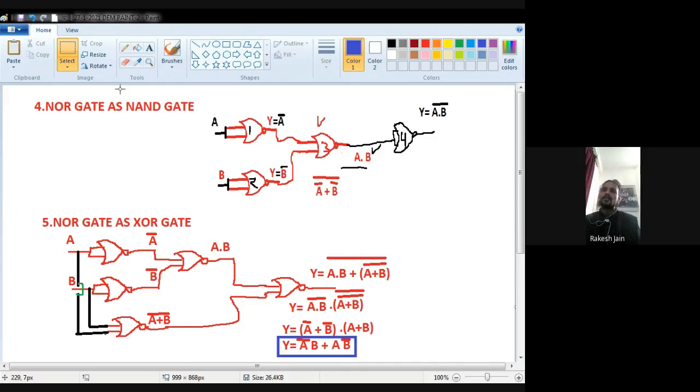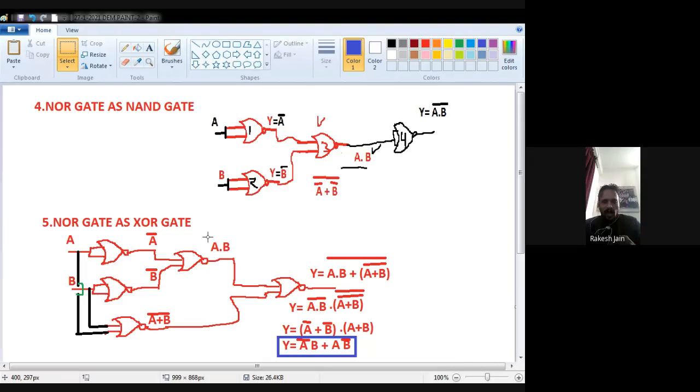The first thing is A dot B, so I put a bar over it, then the plus will be converted into a dot. Then the second thing is A plus B, so I put a bar over it. So now when I separate them, A dot B bar, and the second thing is A plus B bar having a bar, individually bar.